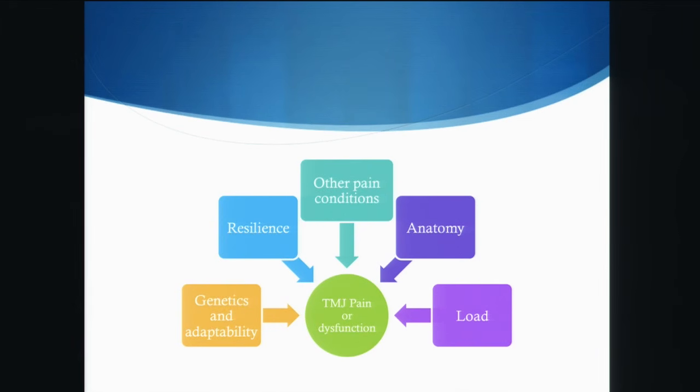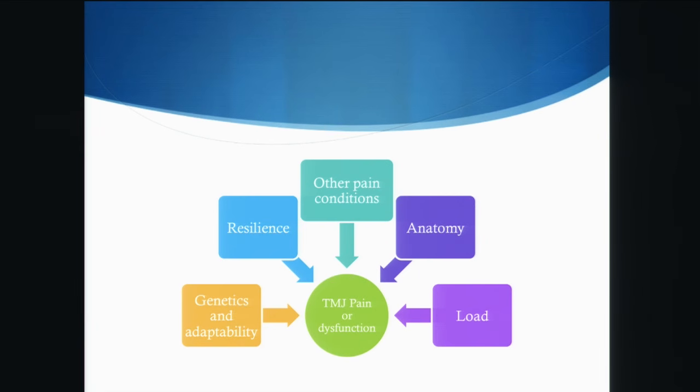This research on resilience and adaptability has led to this kind of schematic, where you have the TMJ pain or dysfunction, and several areas that can influence the outcomes positively or negatively.